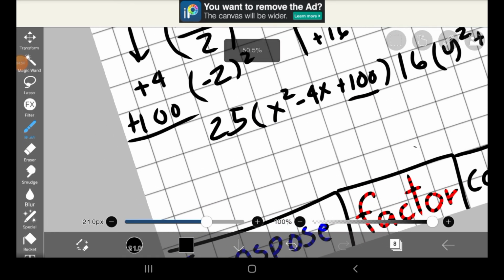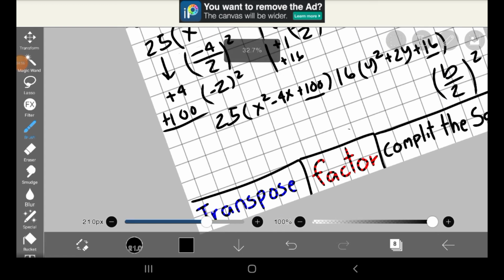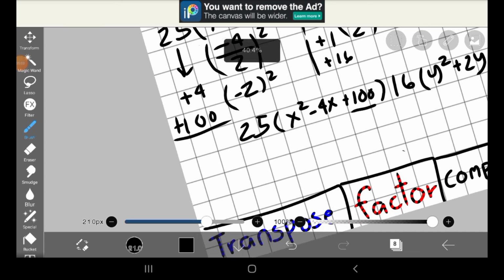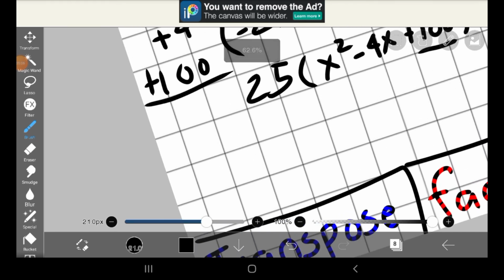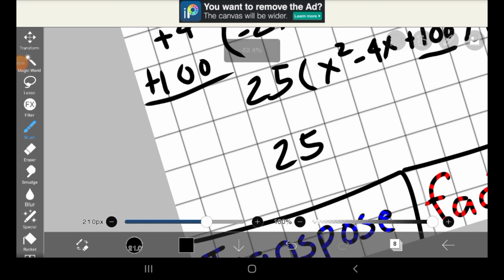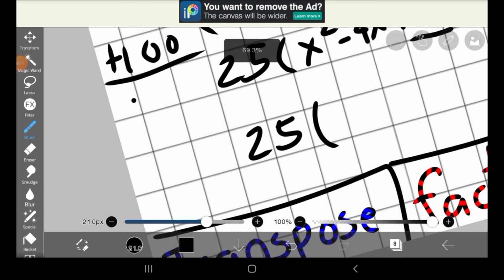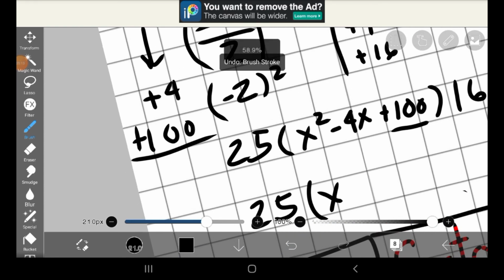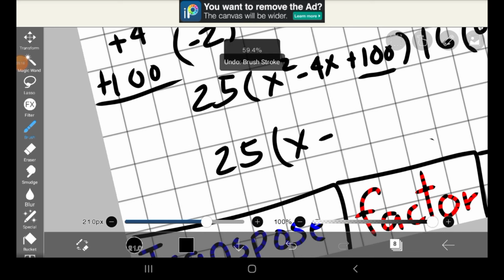After we find the constants, we can now make it a standard form. Making it a standard form is very easy. Just remember, don't forget the 25. So 25 times x, then we will use this because there's a square on it, so negative 2 squared.